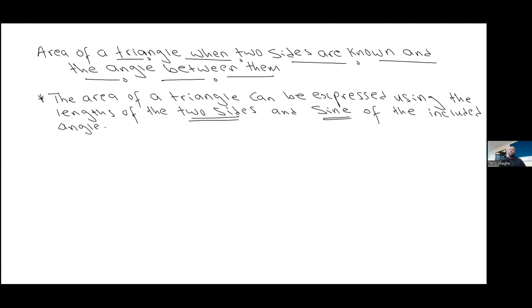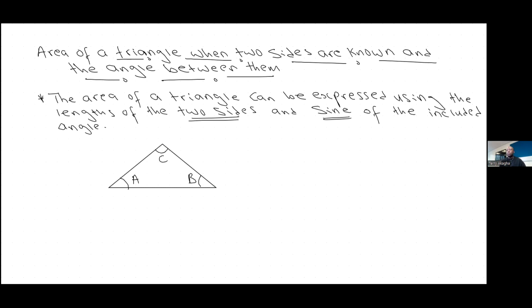Okay? So what I'm trying to say is, let's draw a triangle here. Okay. So we have this particular triangle. Let's assume this is angle A, this is angle B, and this is angle C. All right.